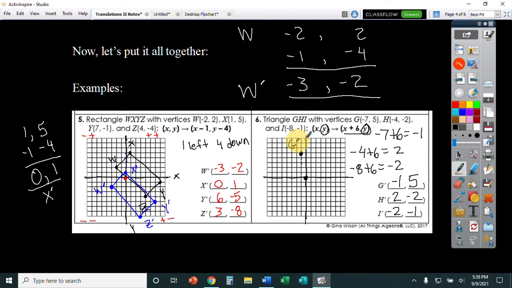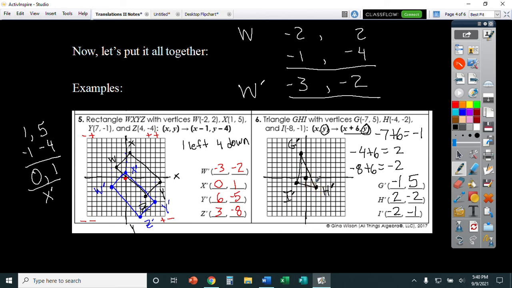G prime. H prime is +2, -2, which is here. This is H prime. And then I prime is -2, -1, which is right here. Don't forget to use those prime marks. And now you just connect the dots, and that is your image.